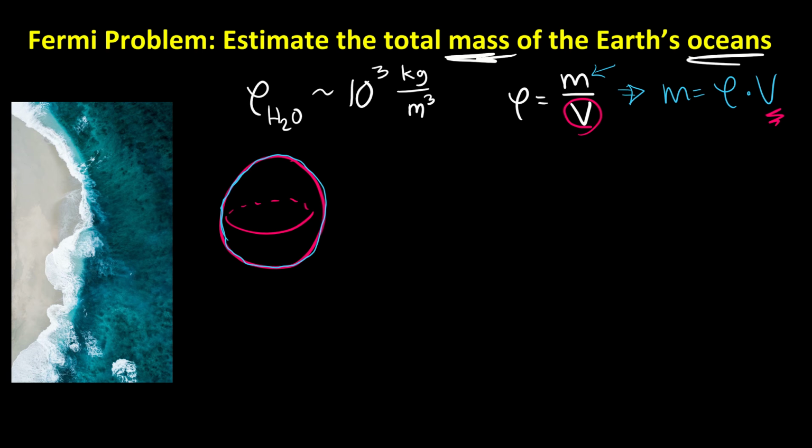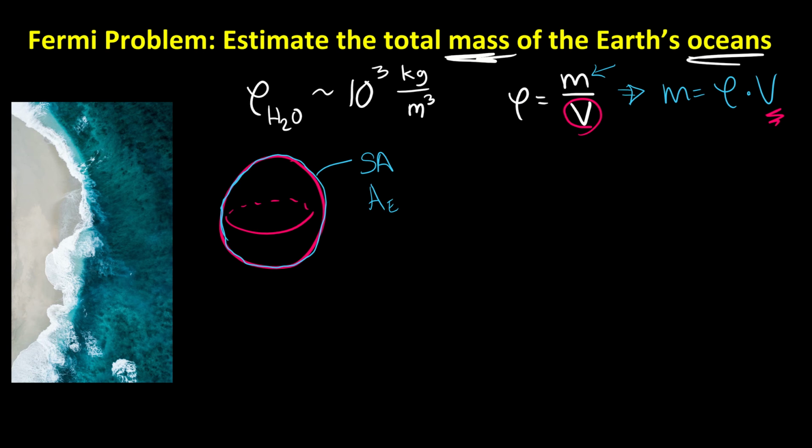So that's looking more like a surface area type calculation for the Earth, and then we can multiply it by the depth of the ocean, if we knew it. Okay, so if we can find the surface area of the Earth and multiply it by the depth of the ocean.